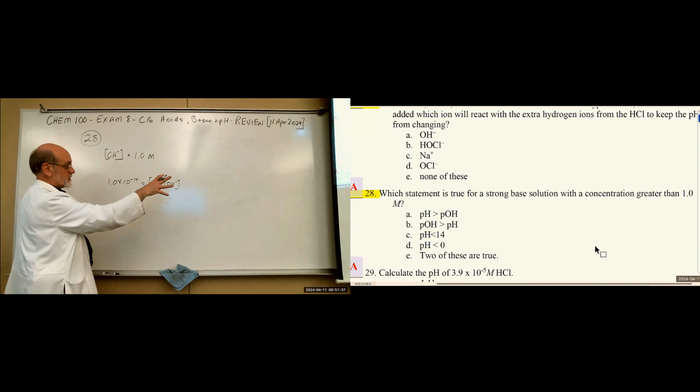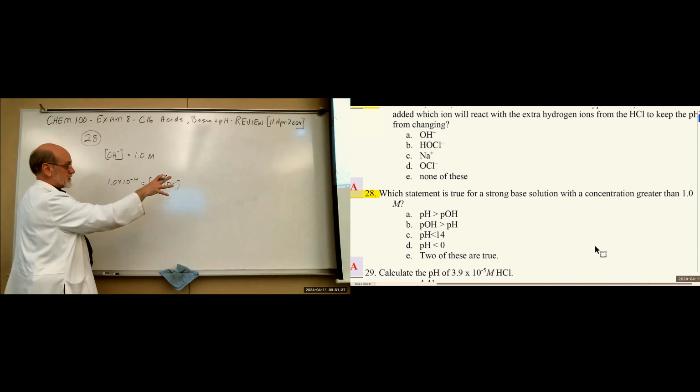And this is the molarity of the sodium hydroxide, but for each mole of sodium hydroxide, you get a mole of hydroxide. So this is also the concentration of hydroxides. The question is, what's the pH?